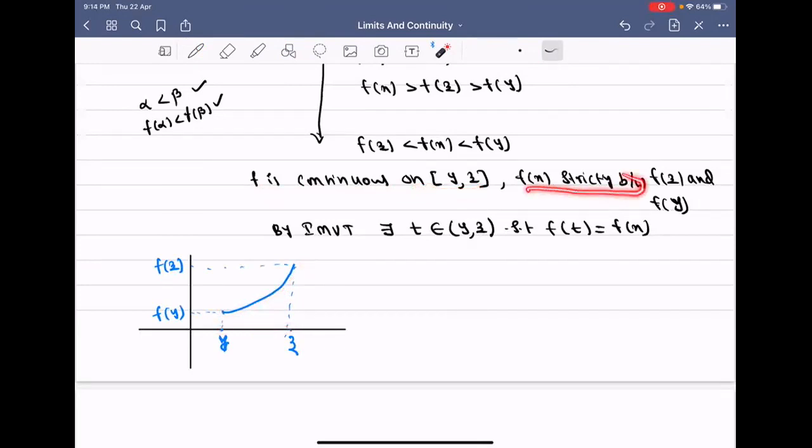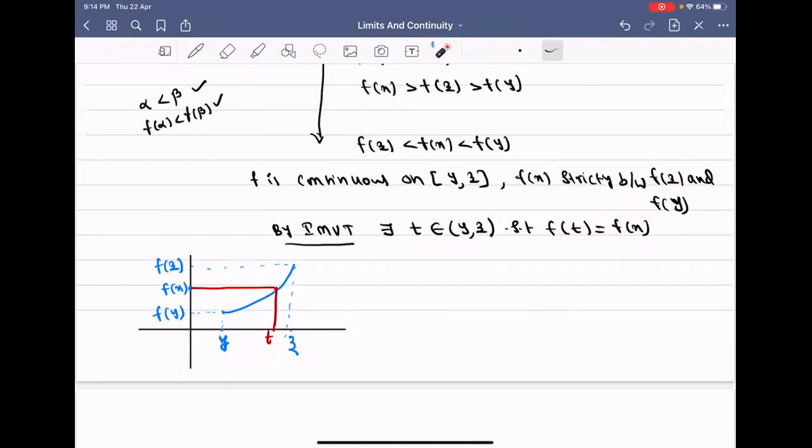Therefore f(x) is strictly between f(z) and f(y), so f(x) will be somewhere over here. From the intermediate value theorem, for this f(x) there will be some t between y and z such that f(t) equals f(x).